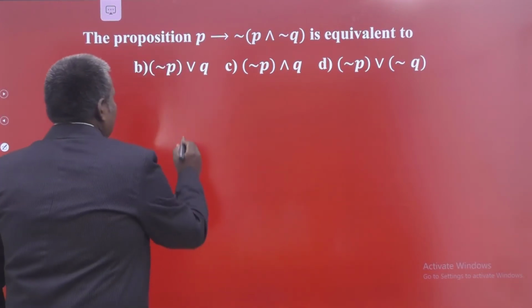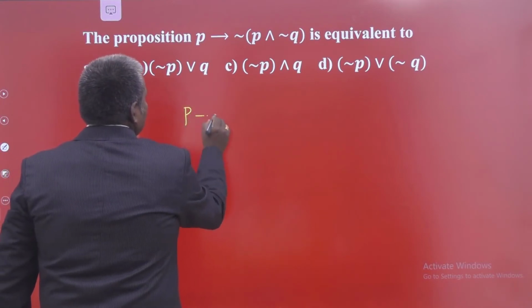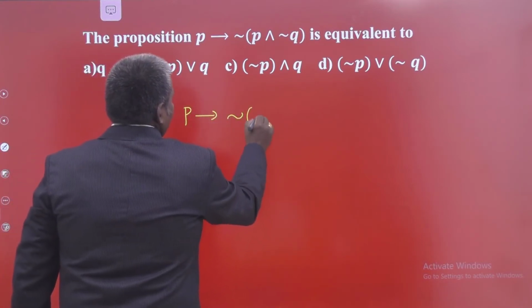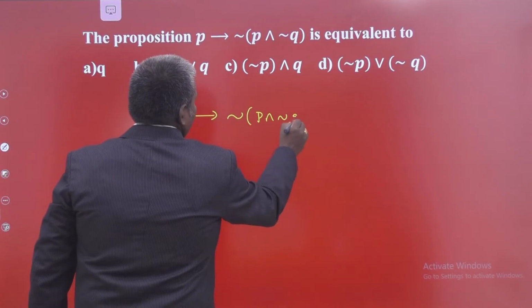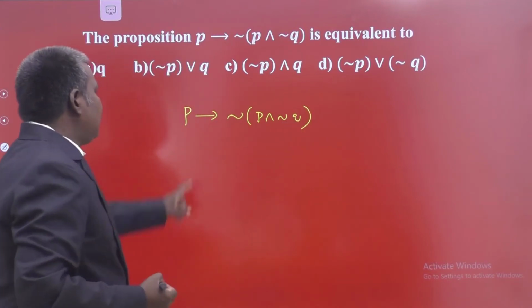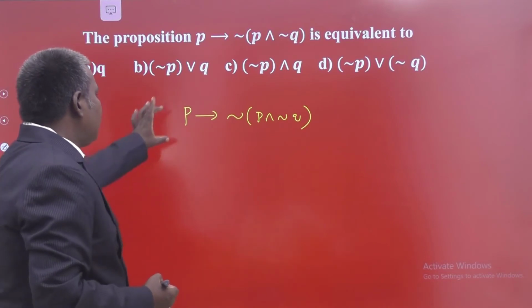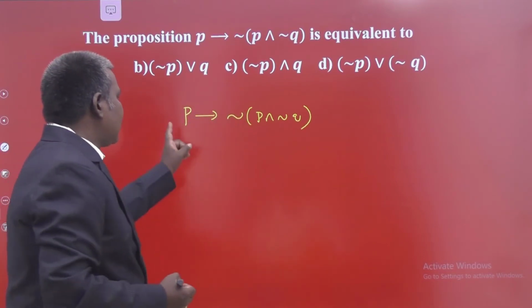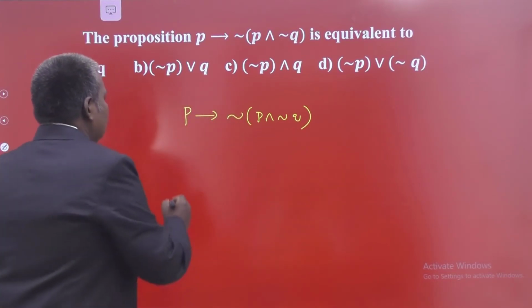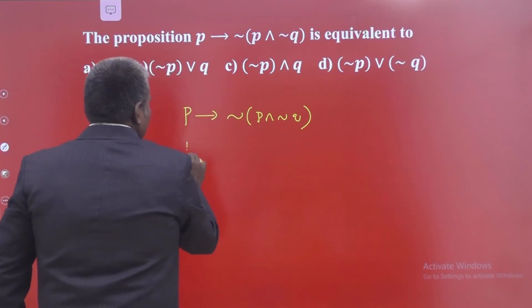See here, what is this? P → (¬P ∧ ¬Q). P → Q means what? ¬P ∨ Q. So first of all, I explain this one.